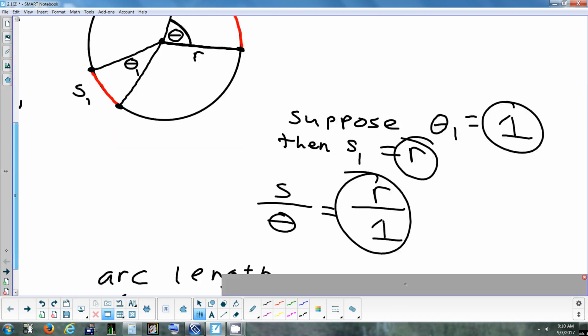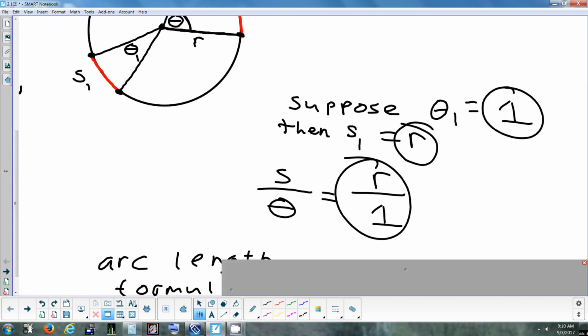Okay. Now, how do you simplify a proportion? What do you do to solve it? You remember? Yeah. We cross multiply. So what's s times 1?